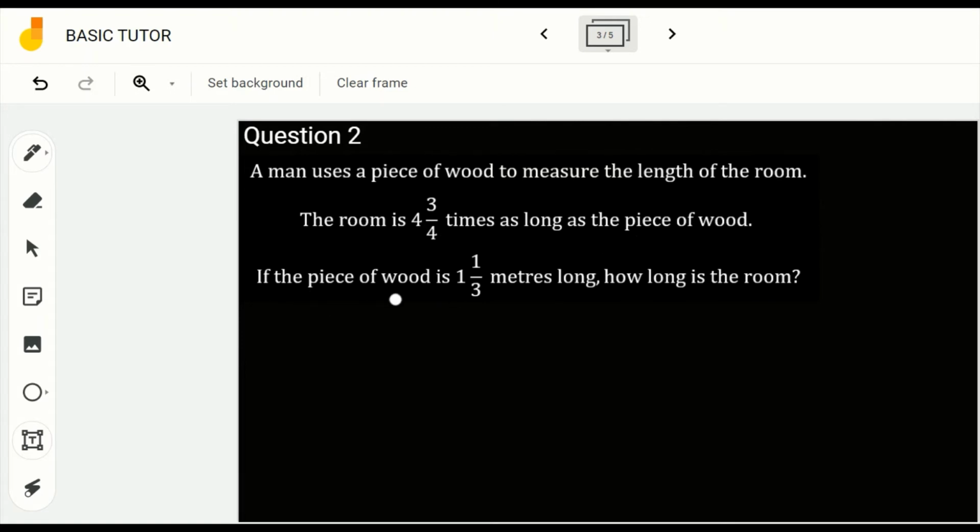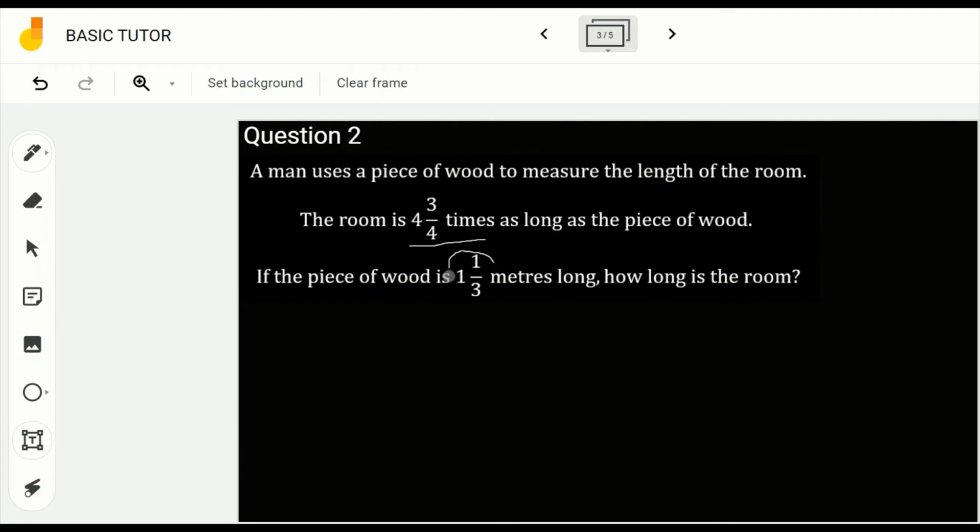If the piece of wood is 1 1/3 meters long, how long is the room? Number 1, I have to understand the problem. From the second sentence, we are told that the room is 4 3/4 times as long as the piece of wood.